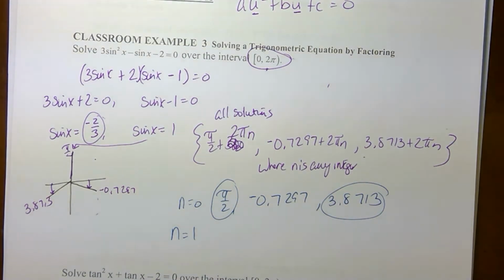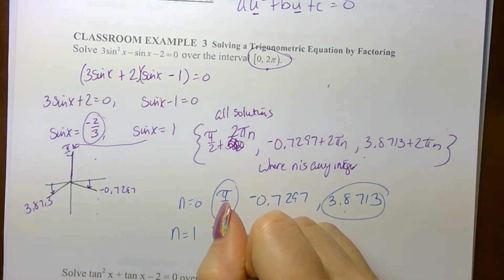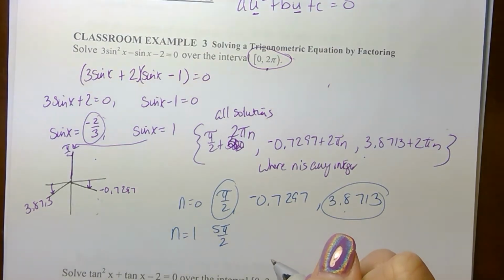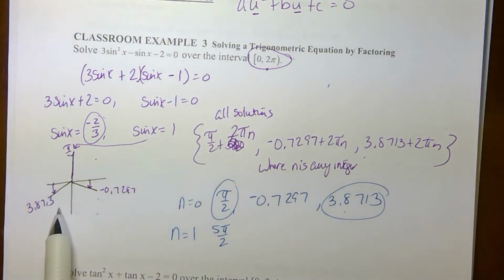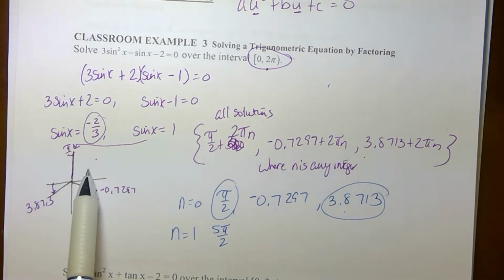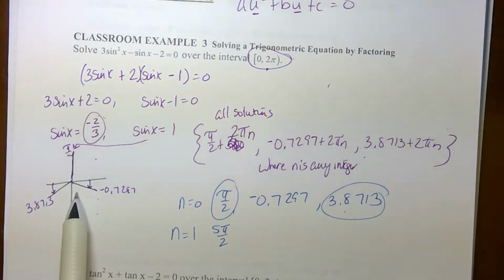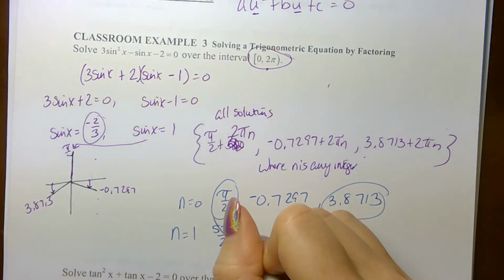Well, if n equals 1, I'm adding 2 pi to each of these values. So pi half plus 2 pi would be 5 pi halves. That's outside my interval. If I start here and go a full rotation, I've moved beyond 0 to 2 pi.